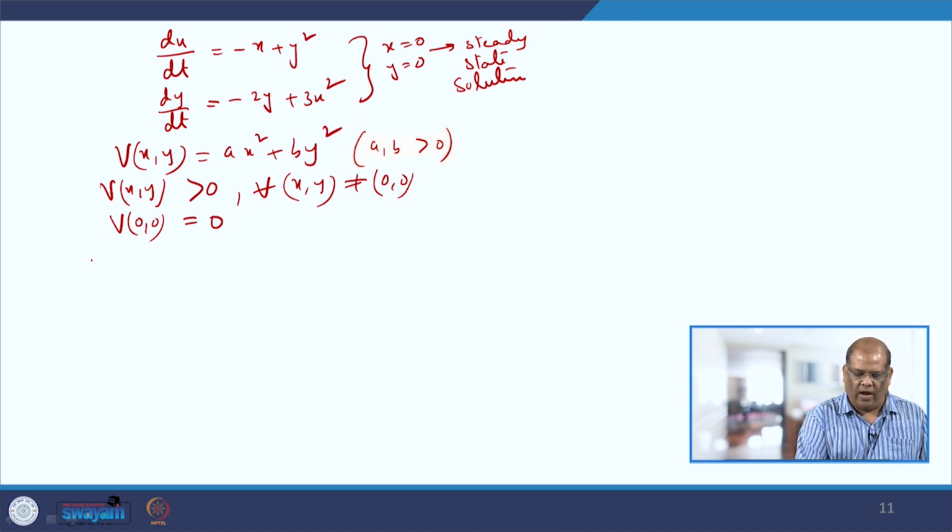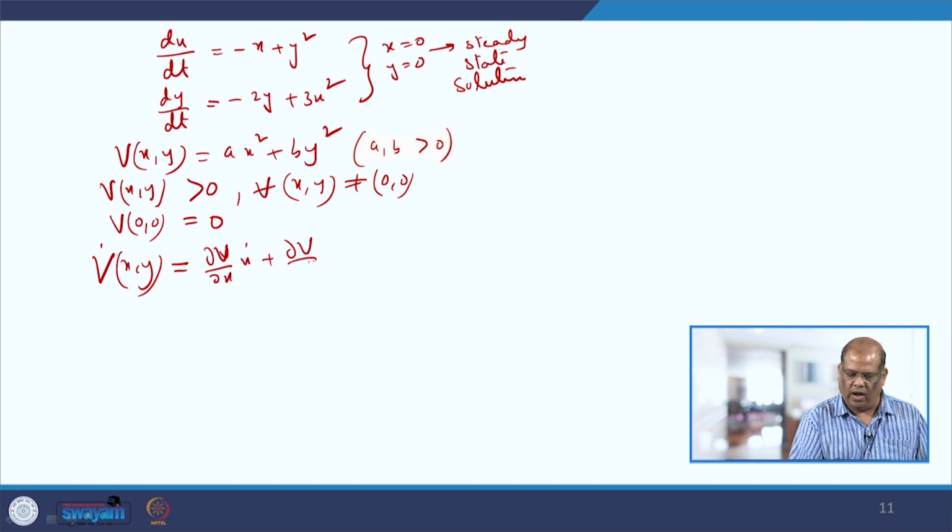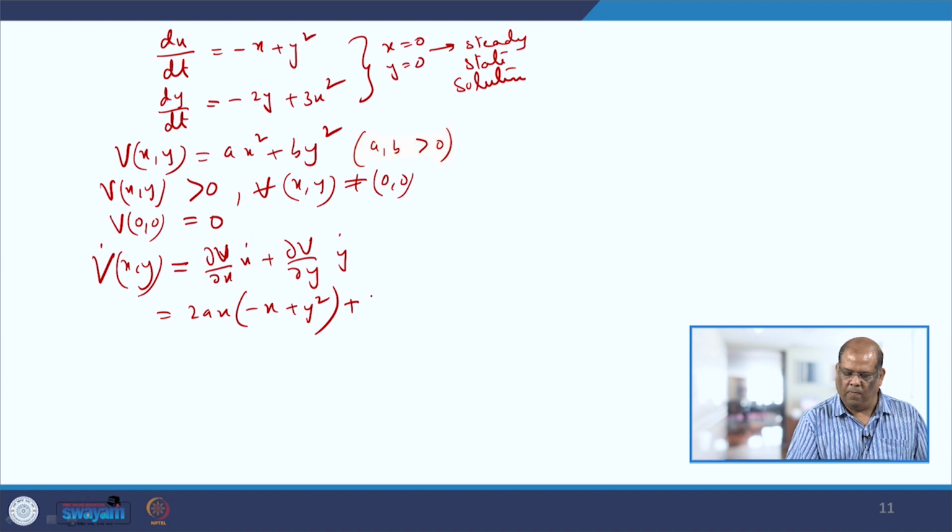So, I now find what is my V dot. So, your V dot is del V del x into x dot plus del V del y into y dot, which is 2ax into minus x plus y square, plus 2by into minus 2y plus 3x square.